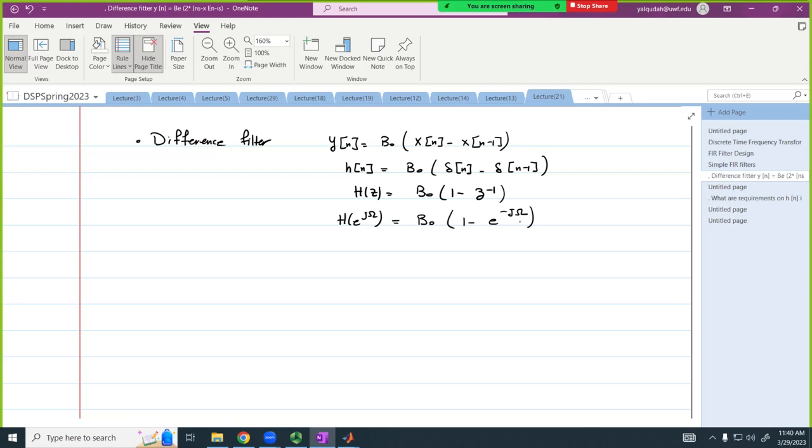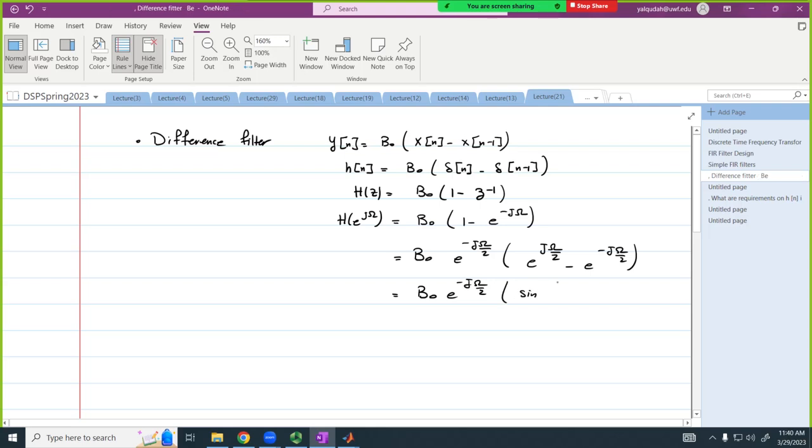Okay, so we're going to do a similar trick to what we've done. We're going to take half the phase, e to the negative j omega over 2. We can write this as e to the j omega over 2 minus e to the negative j omega over 2. And therefore, what is this going to equal? b0 e to the negative j omega over 2 multiplied by a sine, and we have to add a j2. So 2 multiplied by j multiplied by sine omega over 2.